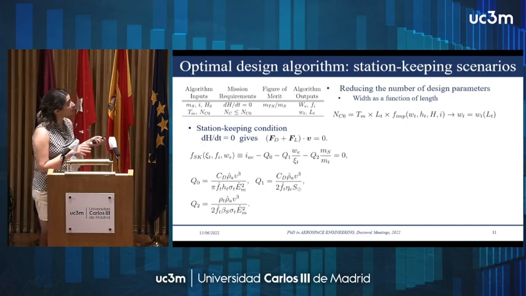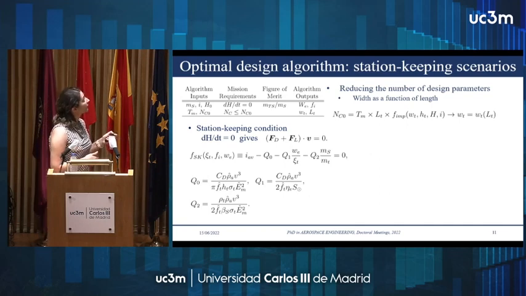On the other hand, the station keeping condition gives us a function, and by solving this function, we can find the required power as a function of tether width and insulated fraction.